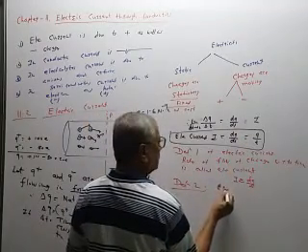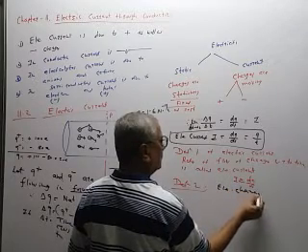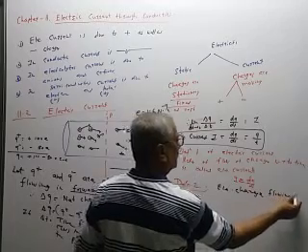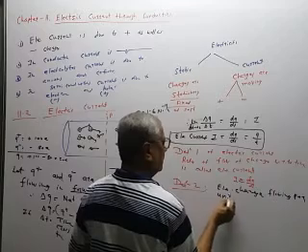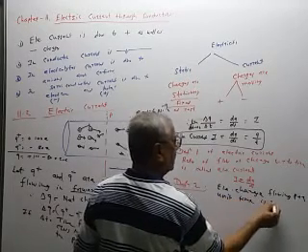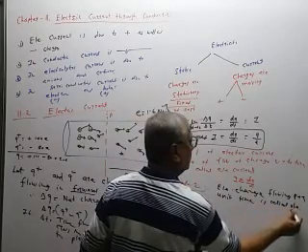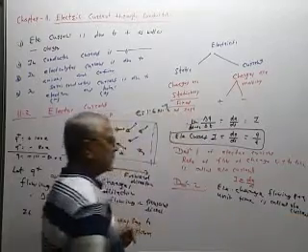Electric charge flowing per unit time is called electric current. This is second definition.